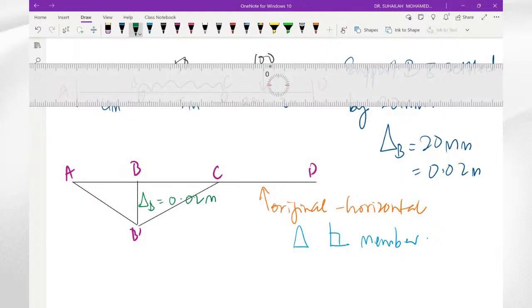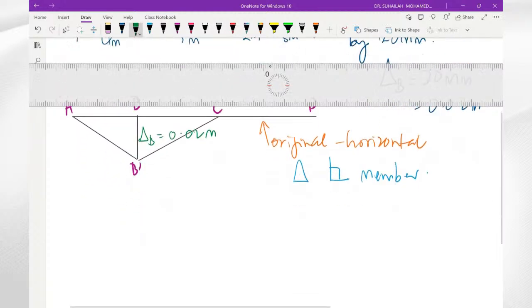There is no FEM for CD due to support settlement because CD remains at the same position. What changes is due to delta B, which is AB as well as BC. So AB will have a new FEM, and BC also will have a new FEM.